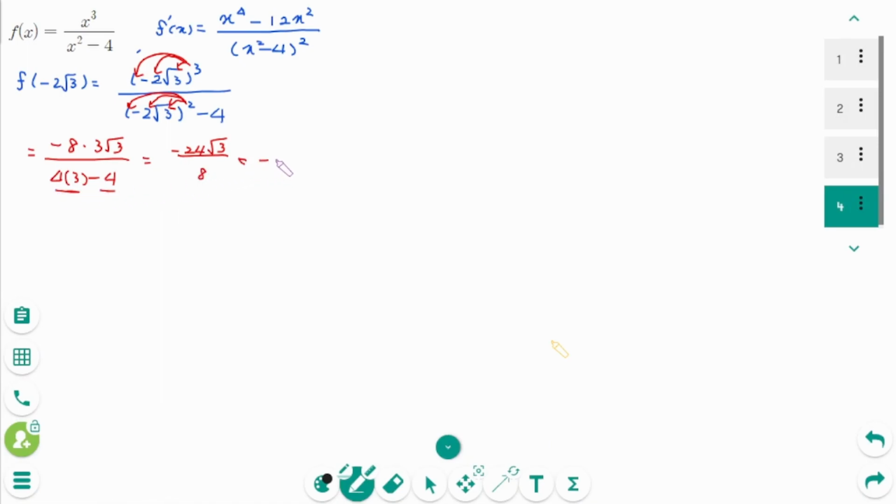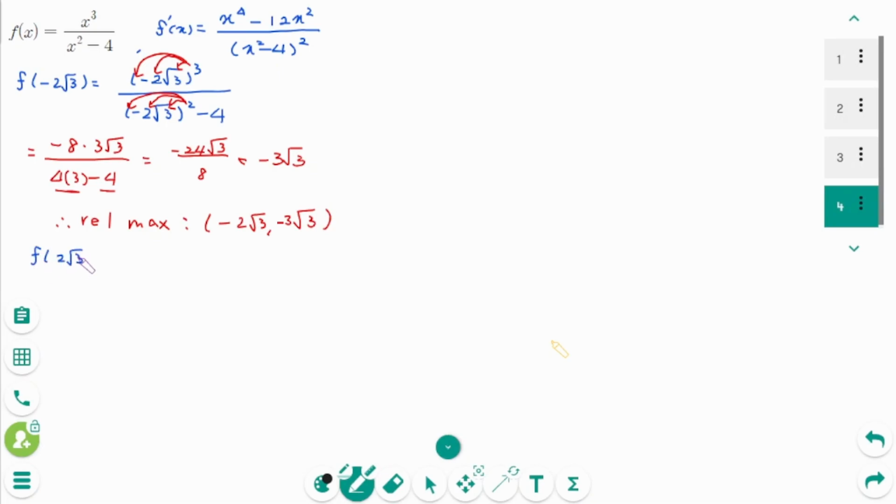The final answer is minus 3 square root of 3. Then relative maximum at minus 2 square root of 3 comma minus 3 square root of 3.